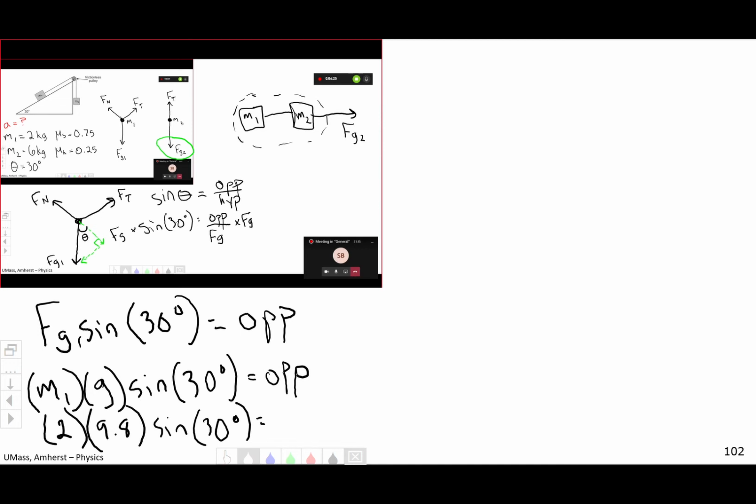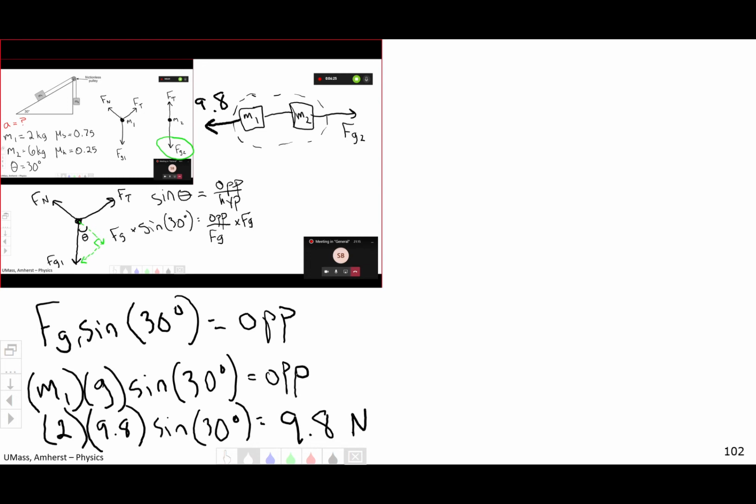It comes out to be a nice 9.8. Hooray for us. So we've got 9.8 newtons. And that is the amount of force that is pulling along the direction of motion. So that means we would have 9.8 newtons pulling in that direction.